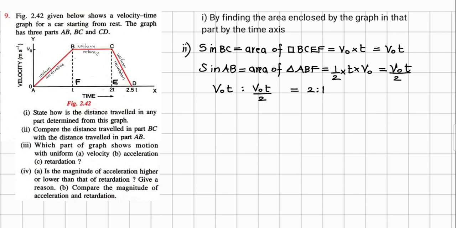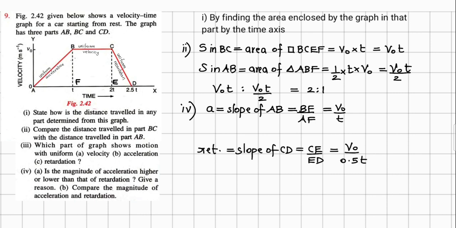Last part, is the magnitude of acceleration higher or lower than that of retardation? And they have asked you to compare it. So for that we need to calculate. So how do I calculate acceleration or retardation? By finding the slope. So let's calculate. So acceleration will be slope of line AB, that is height BF upon base, that is AF, height is VO and base is T. So it becomes VO upon T. Similarly for retardation, it will be slope of line CD, that is CE upon ED.